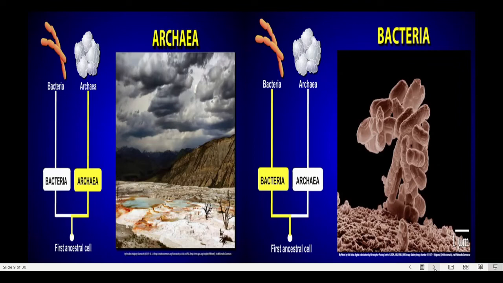Pag nag-thrive sila sa isang place, dumadami sila. Pwede sila sa katawan ng tao, sa may intestine, pwede din sa mga animals. Nakatabi-tabi sa kasulok-sulukang bahagi kung saan favorable yung temperature and environment sa kanila.